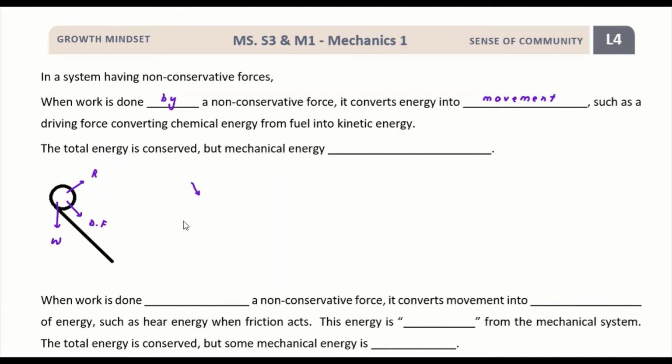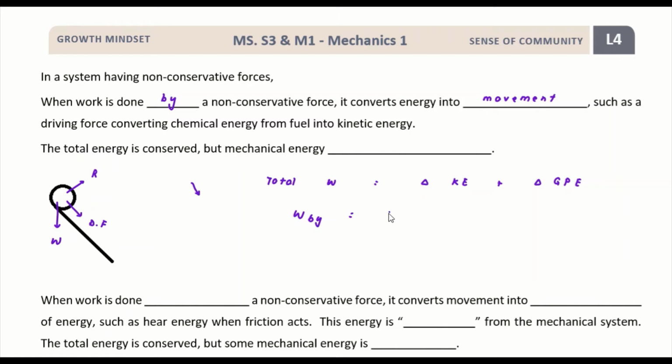So when we do this, what you can realize here is that the total work done is equal to the change in the kinetic energy plus the change in the gravitational potential energy. In this case, our total work done excludes the weight because we are using KE plus GPE. So the total work done here is only the work done by the driving force, right?